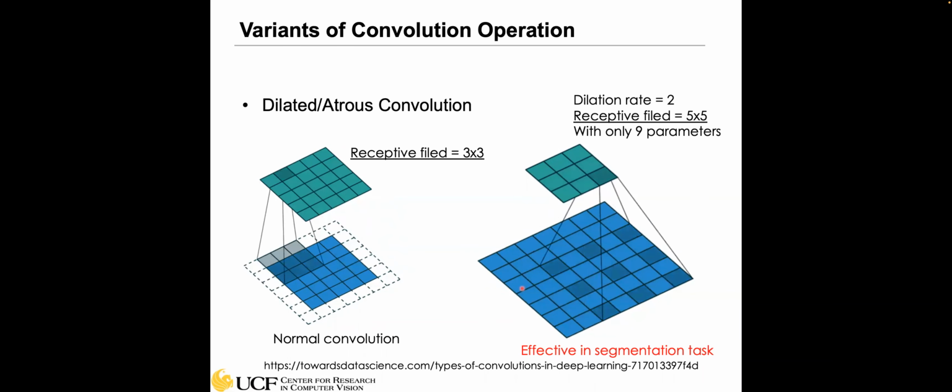But for the dilated convolution on the right side, in this case, we have a dilation rate equal to 2. So basically, you are not sampling consecutive pixels in these regions. You select one every 2 pixels, right?